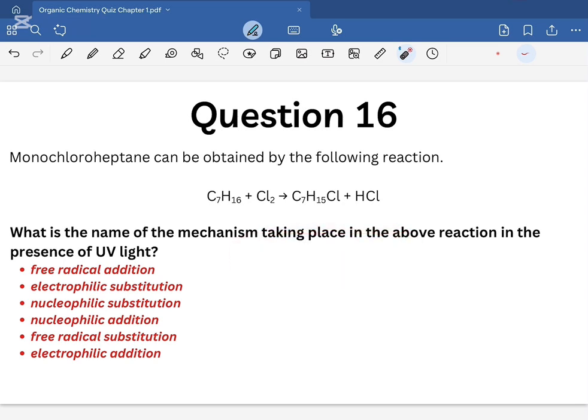And here we're going to have Cl radical after the homolytic fission takes place, and the Cl is going to be substituted with a hydrogen. So the name of the mechanism is free radical substitution. And typically alkanes only undergo free radical substitution, and they undergo combustion reactions, as alkanes are unreactive.